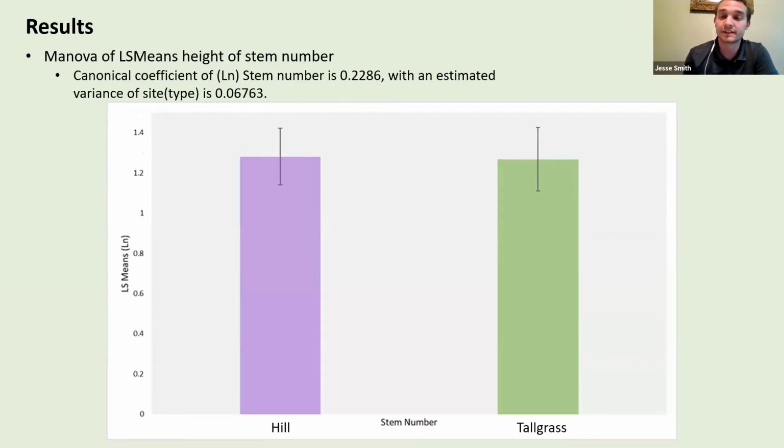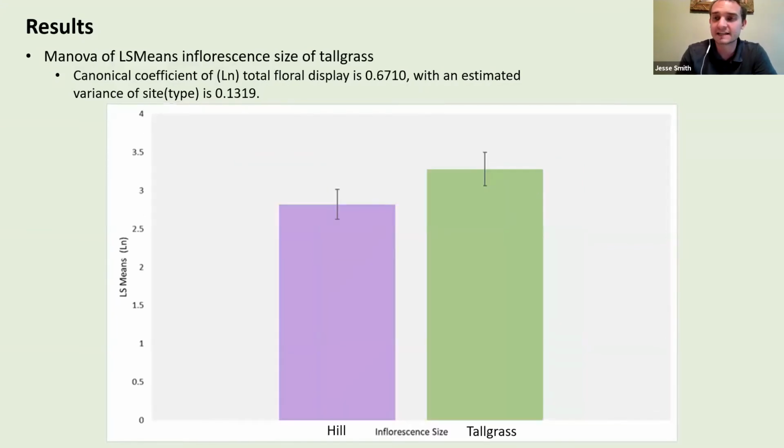When we look at the total number of stems, there's actually not a difference between the tall grass and the hill prairies. And lastly, the inflorescence size. This is a little bit different of a measure.